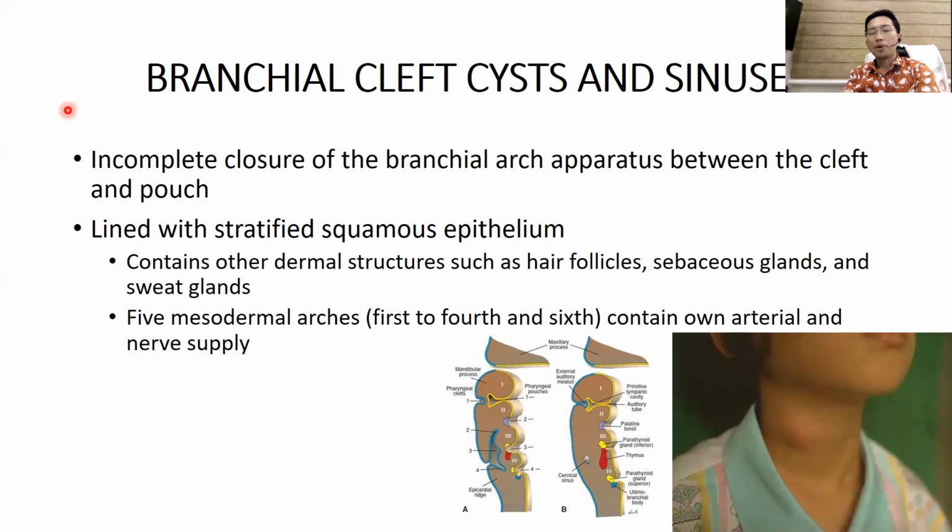If you remember your embryology, pediatric patients that present with neck masses, especially the congenital ones, are actually derived from these branchial cleft cysts and sinuses. These are the incomplete closure of the branchial arch apparatus between the cleft and pouch.